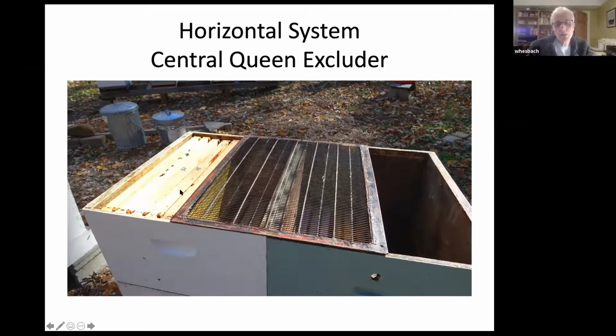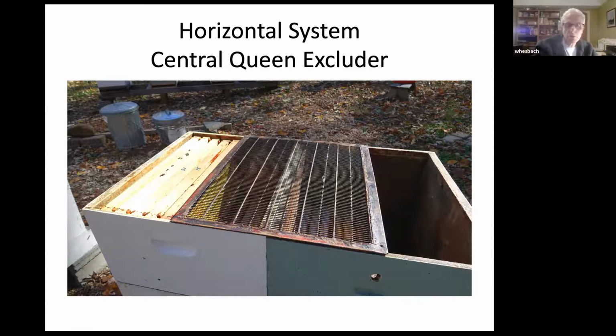But I found that this was an interesting way to put drone comb in, because you could do lots of drone trapping up here. You can also treat these colonies, and I did with formic pads, by removing these 5 combs and then putting the formic pad down on the top bars of the bottom box.